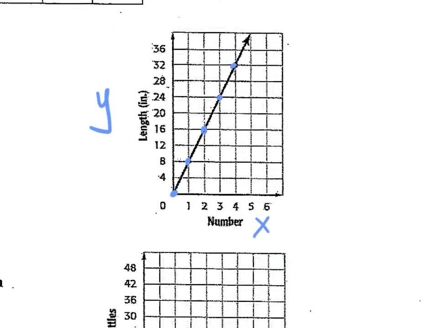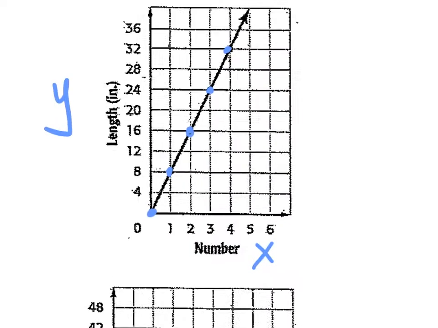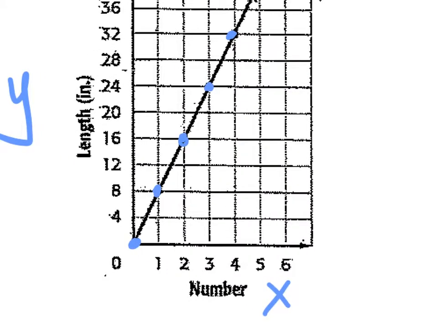Well, let's see. When you look at your graphs, look at 2 points that are closest to each other, so you have a less likely chance that you have to reduce. So on this one, I'll look at 1 and 8, 2 and 16. We want to find the change in y first.